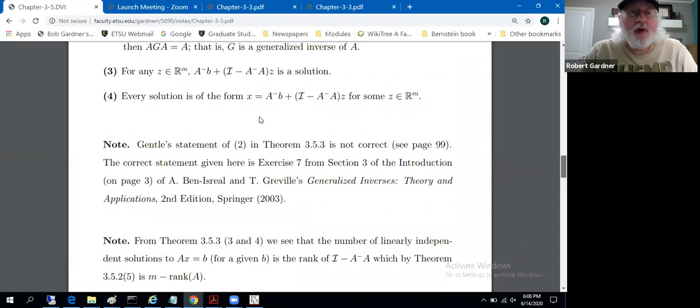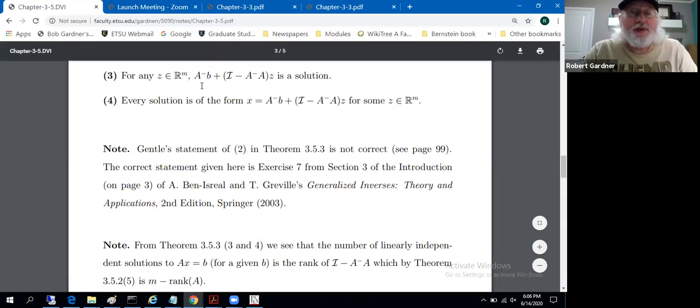From parts 3 and 4, this thing we just proved, leading us to these vectors z. For any z, we have a solution of this form, and for a solution, there is a z for which that solution can be written in this form.